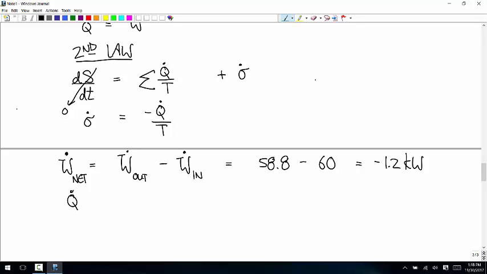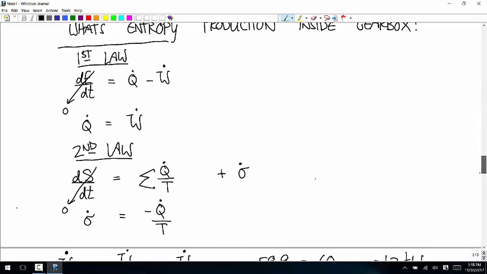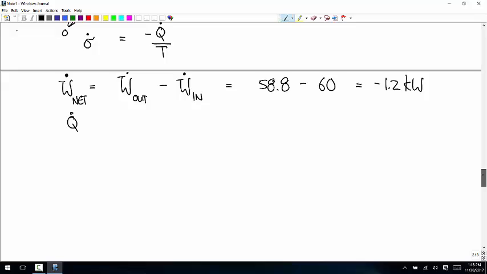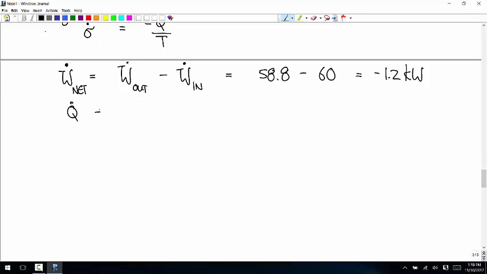And so Q dot from the first law is equal to that net rate of work. And so this is also equal to negative 1.2 kilowatts.